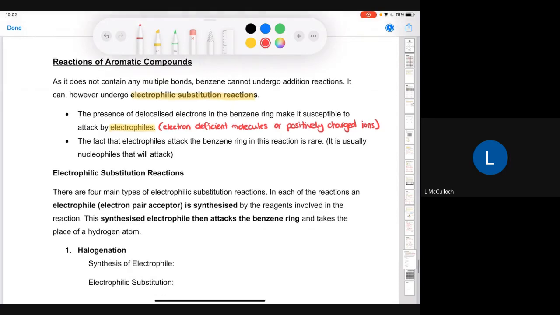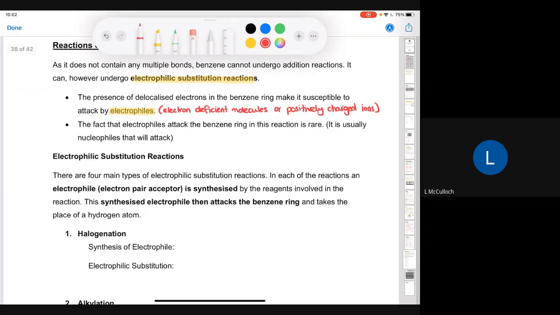So, on to electrophilic substitution reactions specifically. There are four main types of electrophilic substitution reactions. In each of the reactions, an electrophile is synthesized by the reagents involved in the reaction, and this synthesized electrophile then attacks the benzene ring and takes the place of a hydrogen atom.